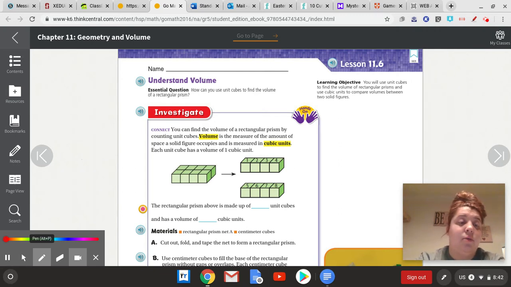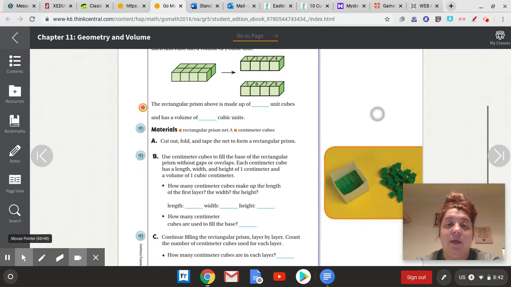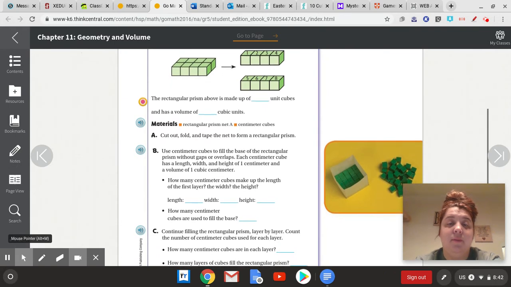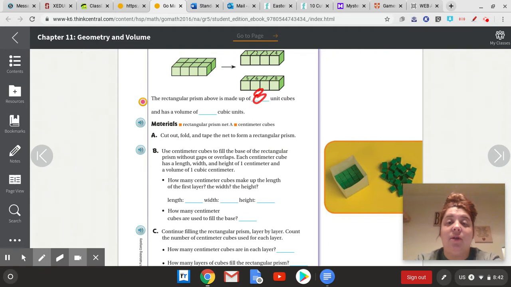Now let's look down here at this problem. It says the rectangular prism above is made up of blank unit cubes. So we're talking about this rectangular prism here on the left. It is made up of 8 unit cubes. You count the front and the back.